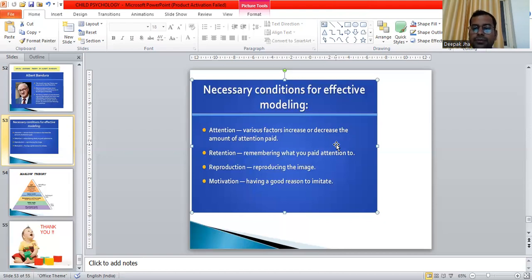For example, during the first initial dental checkup of a fearful child, rather than directly seating the child on the chair and checking him, you can see the parents first, do their oral examination, and followed by this, you can do the child's oral examination. By watching their parents, paying attention, having retention, reproducing the same act, you will be able to instill a positive dental attitude in the child.